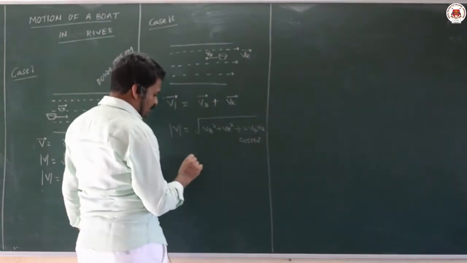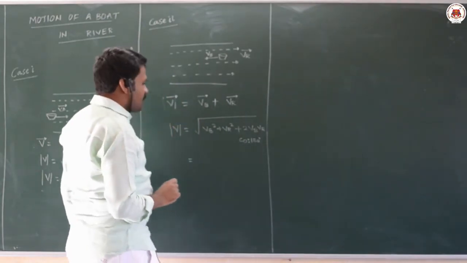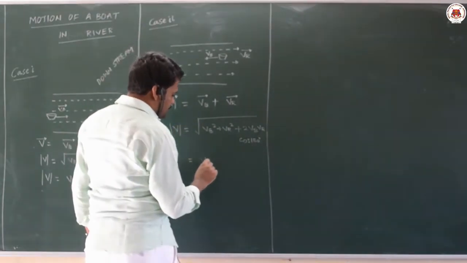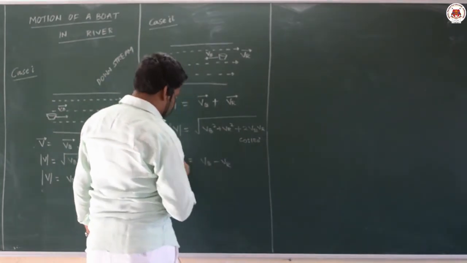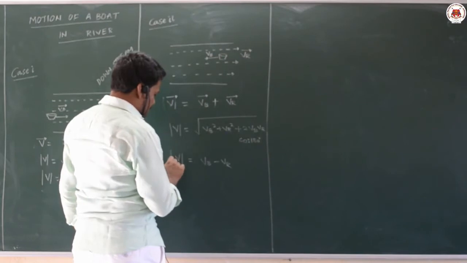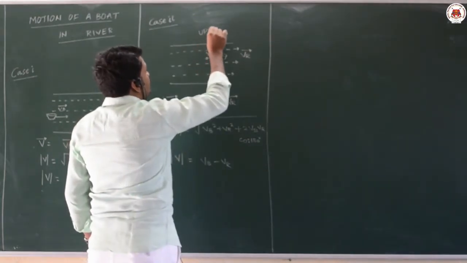So, this is equal to Vb minus Vr. Your net velocity will decrease. This is called upstream.